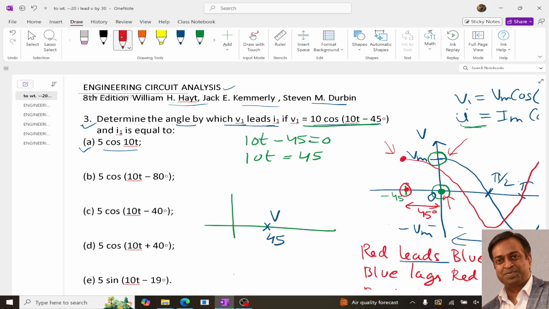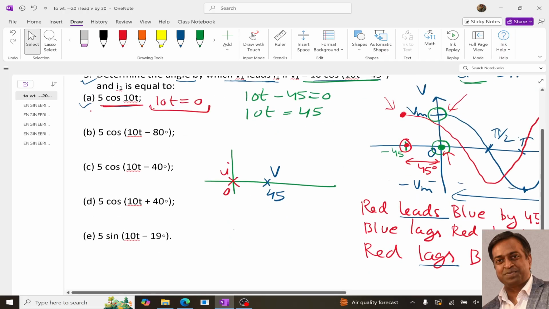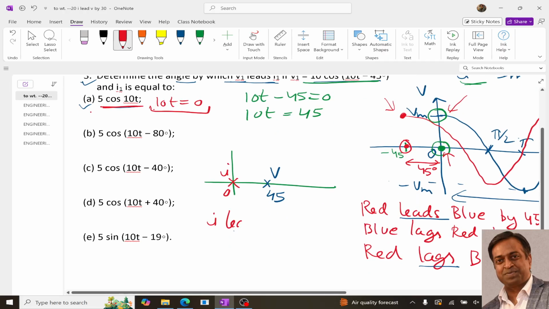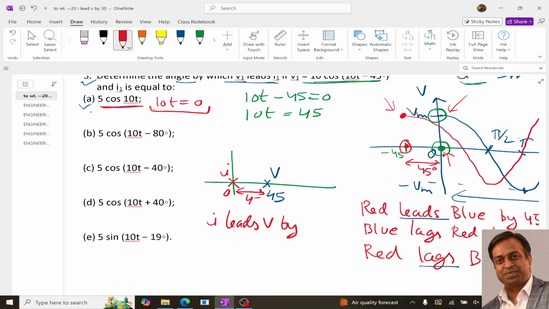Now coming to the current, it is this, so over here 10t is equal to 0, so omega t is equal to 0, meaning it is starting from 0, so this is our 0 which is current. So from this you can see that current leads v, so we can say that I leads v by what angle? The difference between the angles is 45 minus 0, it is 45, so by 45 degree.